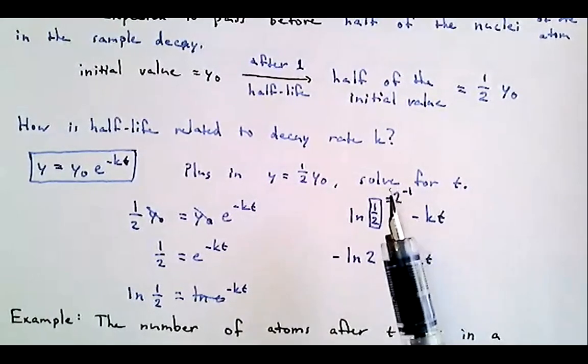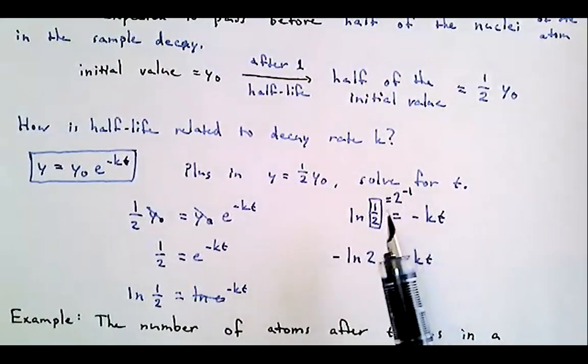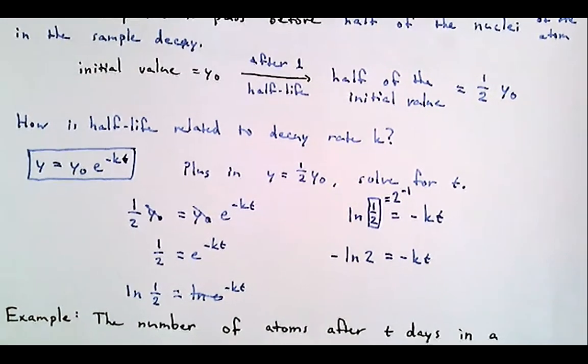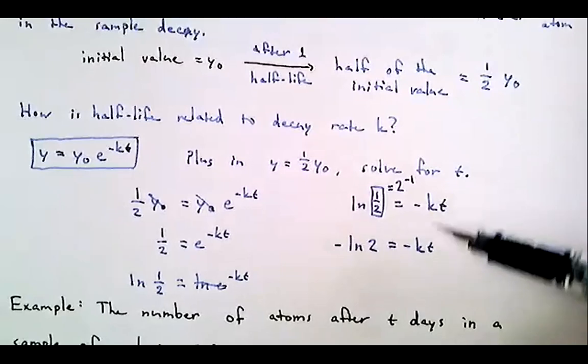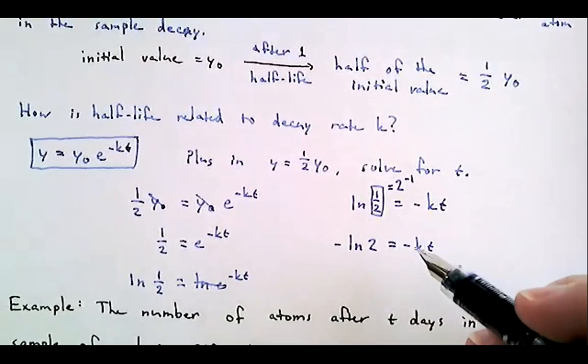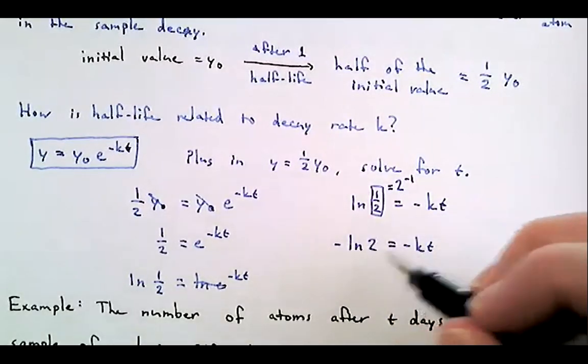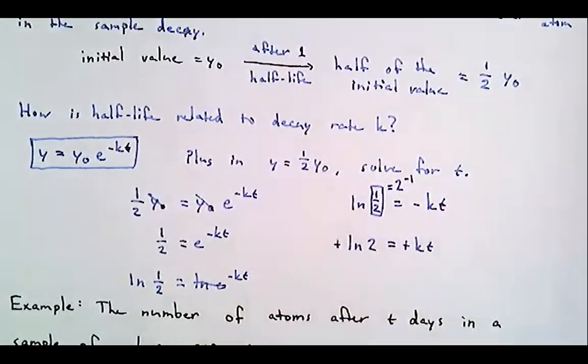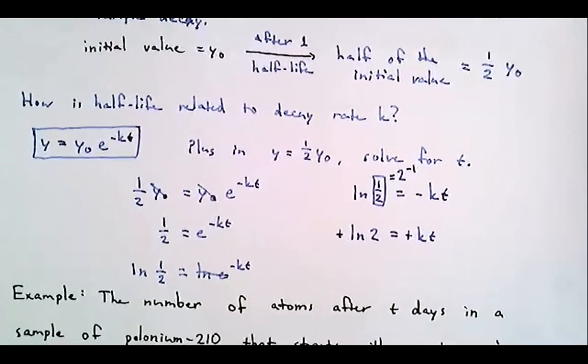Are there any questions about how that works? How we can go from here to negative log of 2? Okay, so what this does is it lets me get rid of my minus signs. So if you multiply through by minus 1 or divide by minus 1, those negative signs will go away.